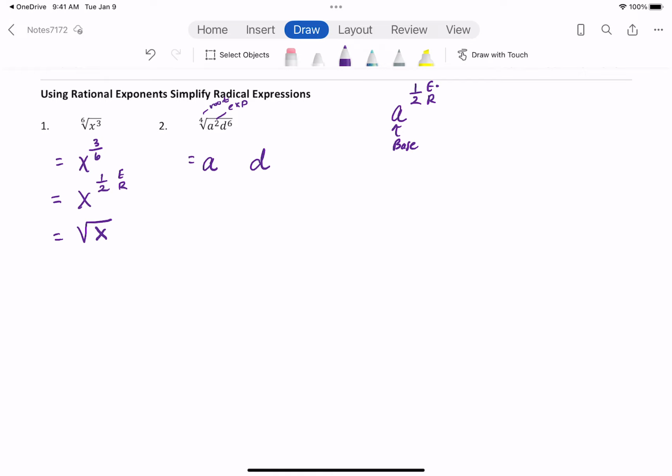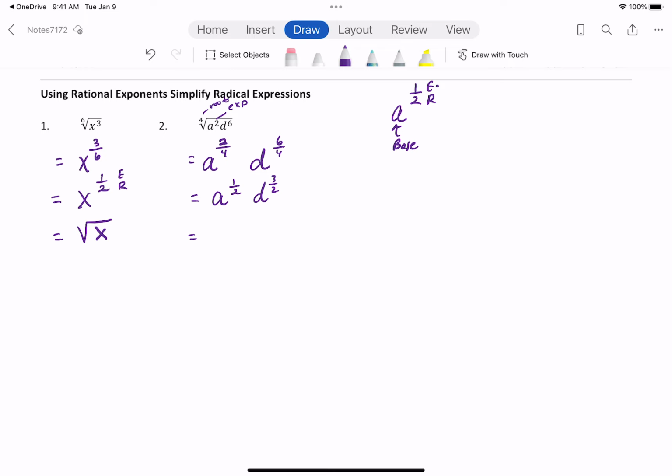So it's going to be a to the 2 over the root 4, d to the 6 over the root 4. And then we can simplify. 2 over 4 is the same as 1/2. And d to the 6 over 4 is the same as 3/2.